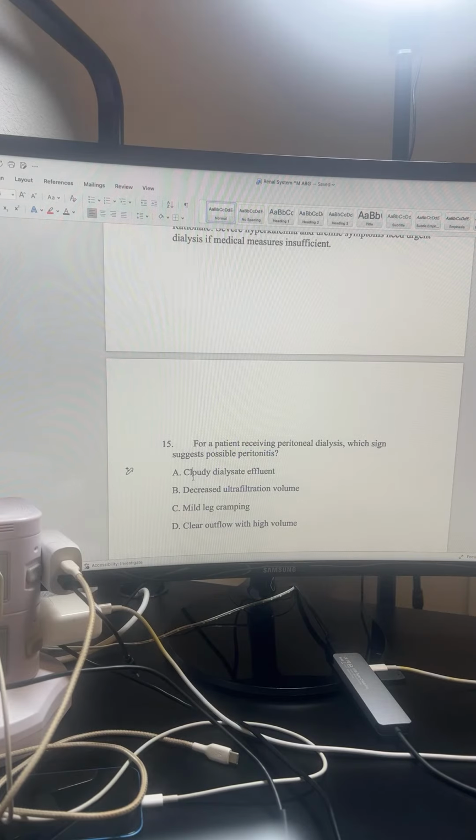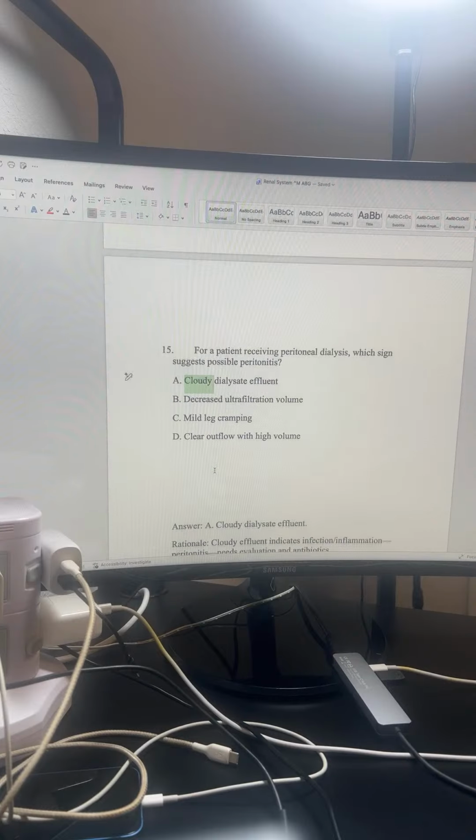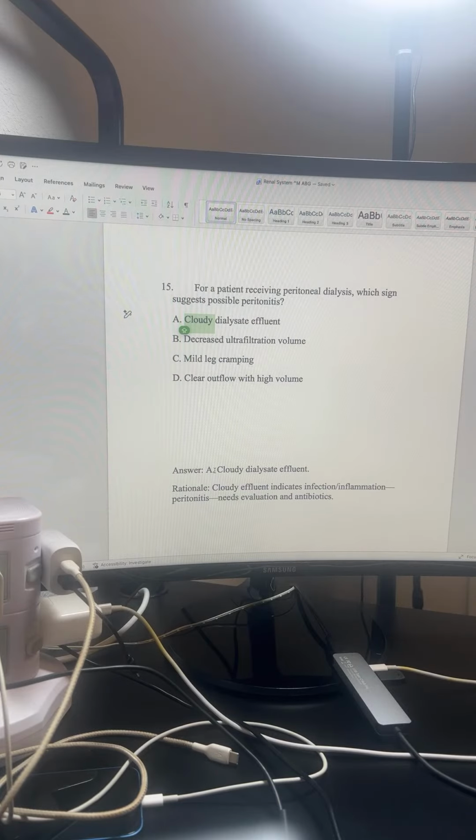A, cloudy dialysate effluent. B, decreased ultrafiltration volume. C, mild leg cramping. Or D, clear outflow with high volume. A. All right. Cloudy. So which of them suggests possible peritonitis?